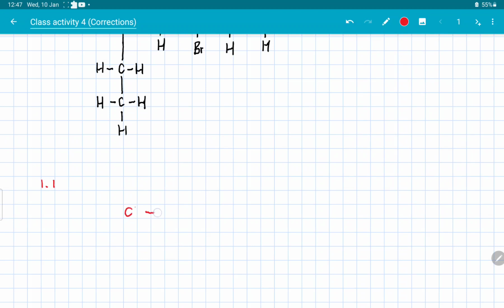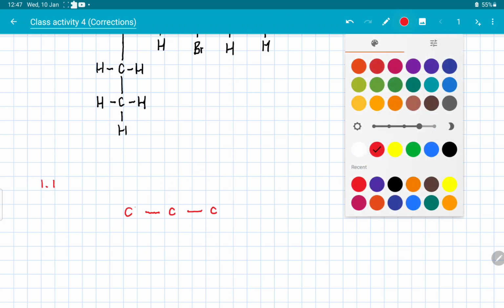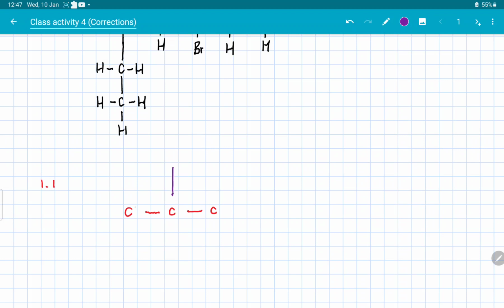That's 1, 2, 3 carbons in the main continuous chain, and then there is a methyl at carbon 2. Even if I number back and forth, it's going to be 1, 2, 3. It will be the middle carbon, so I am just going to place a methyl group on the middle carbon. Whether I place it up or down doesn't matter, as long as it's carbon 2.